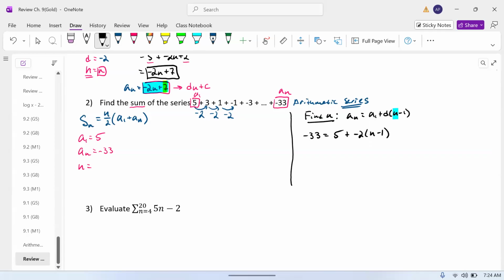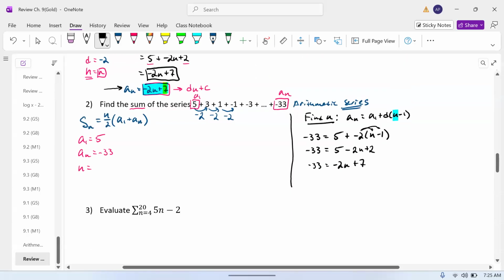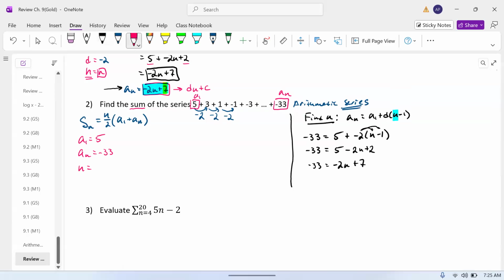So from here, we're solving this linear equation. You've solved those in algebra 1. You can distribute negative 2 inside, so you have negative 2n plus 2. Combine your like terms, so you have negative 2n plus 7. Once again, notice it's really what we found earlier, so we could have just started from that point. But sometimes they don't scaffold like this. That's why I'm doing it from the beginning.